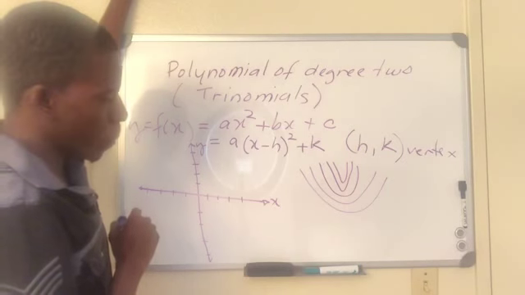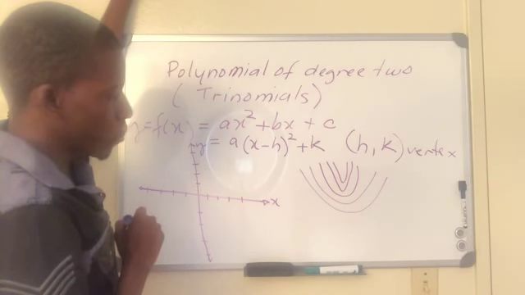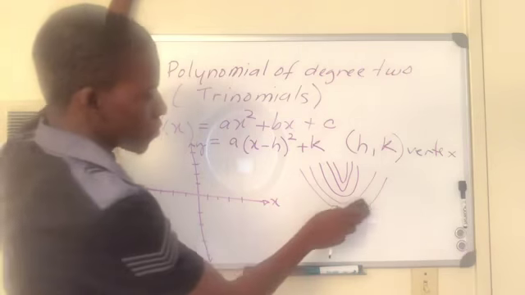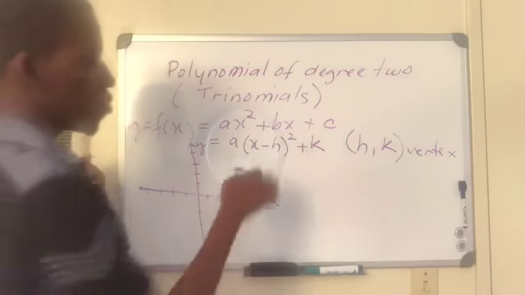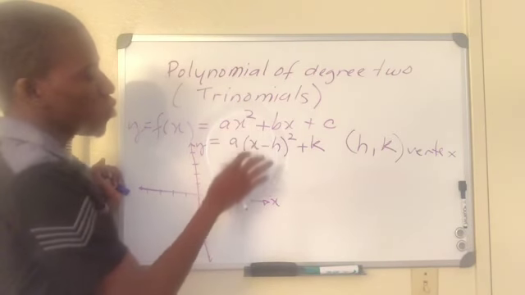Once we put the trinomial in this form, we have found the vertex.